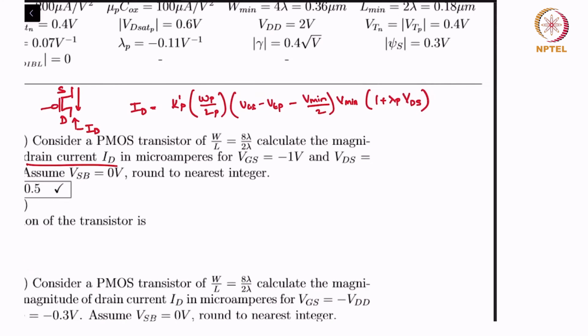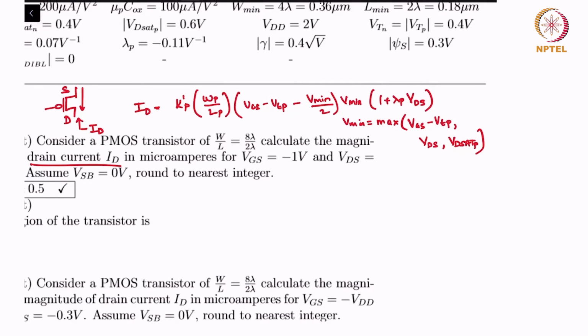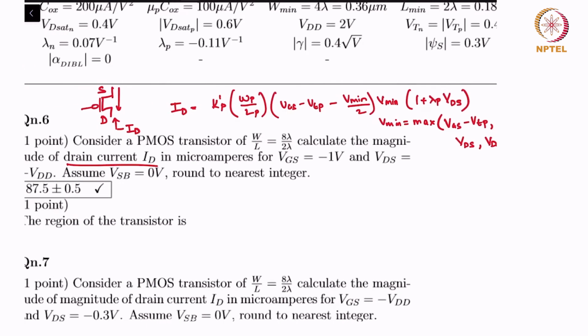So Vmin, and Vmin of course is the max. So for a Pmos, it's max of VGS minus VTP, VDS, and VDSAT P, which is also negative. So the one with the least magnitude, or because it's negative, the one which is the max of these three would be Vmin.